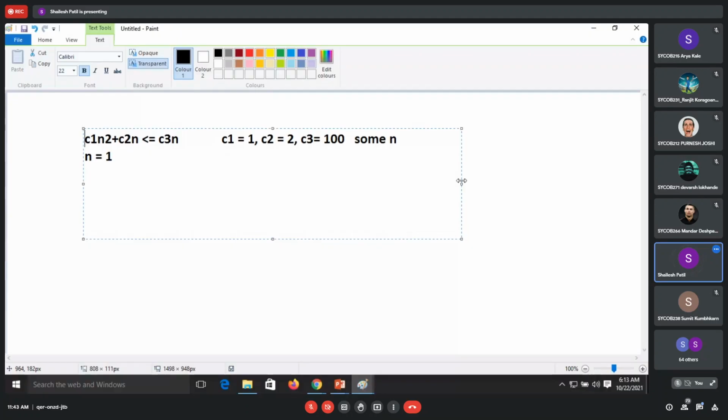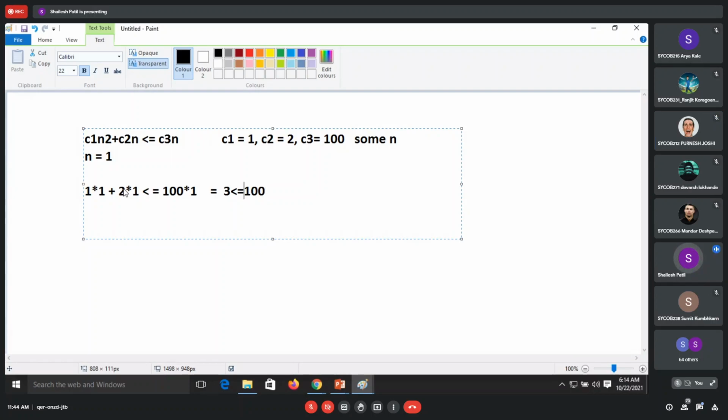C1 is 1 into n is 1, plus C2 is 2 into n is 1, less than or equal to C3 is 100 into n is 1. So it will be 1 plus 2, that is 3, and 3 is less than or equal to 100.